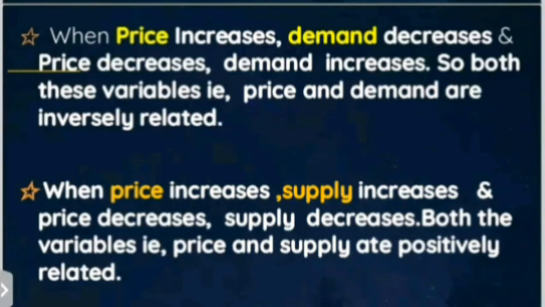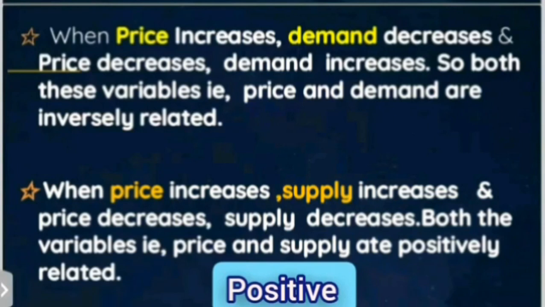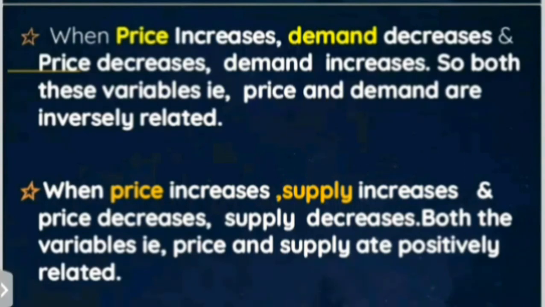And the second one is the relationship between price and supply. The relationship between price and supply is always positive. That is, when the price increases, supply increases. When the price decreases, supply also decreases. So there is a positive relationship between price and supply. In both these examples, we can see that some sort of relationship exists between these variables.